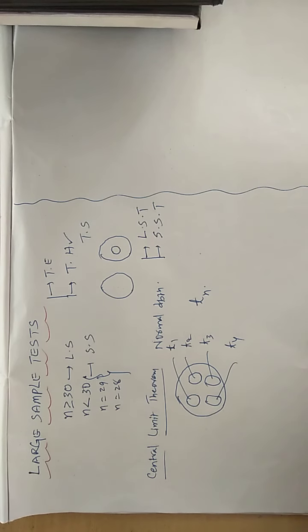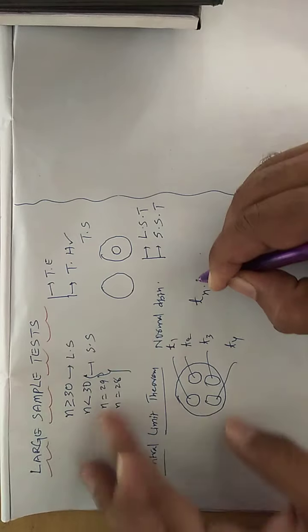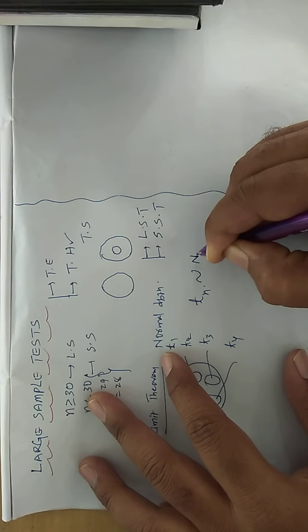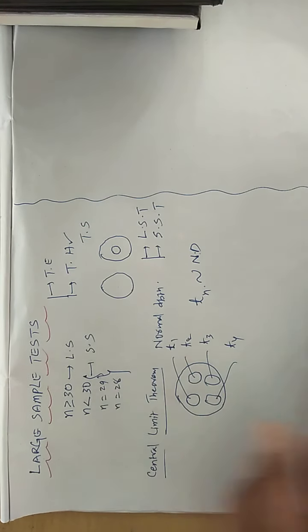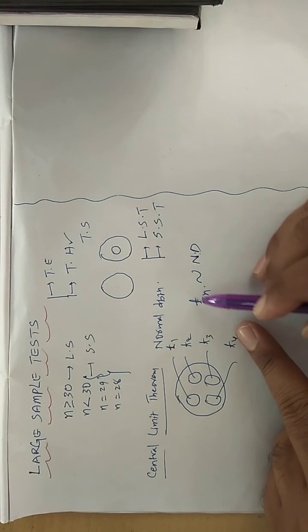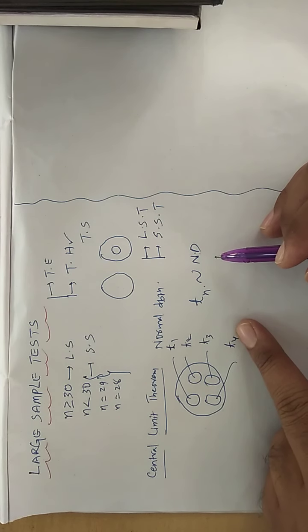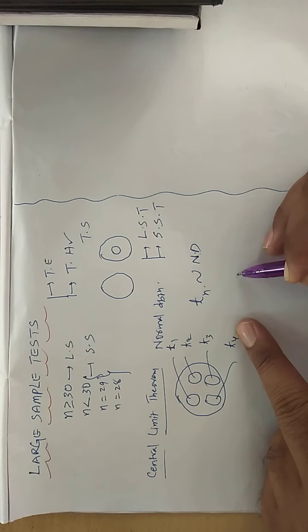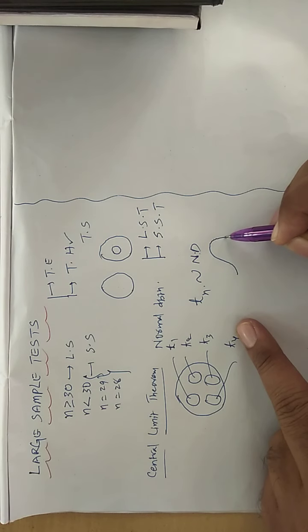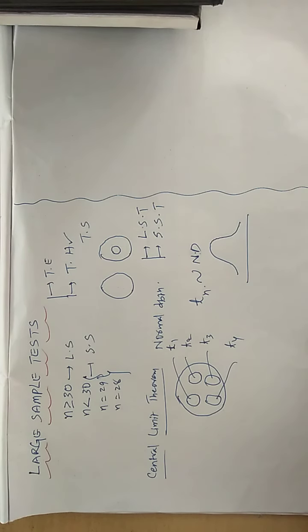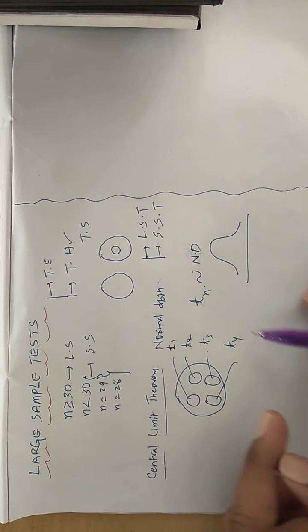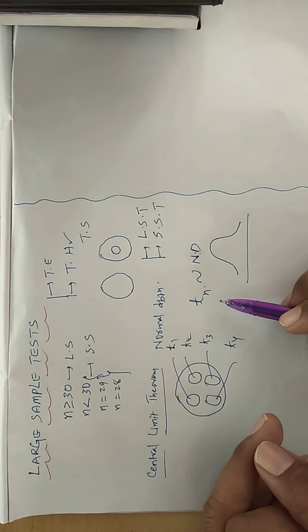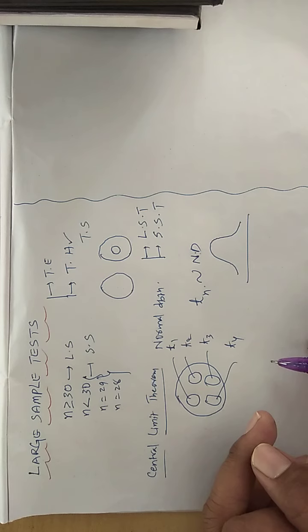If Tn is a statistic which follows the normal distribution, then if you draw the picture of this statistic, what picture are you going to get here? The bell-shaped curve. Then how to convert this into a standard normal distribution?